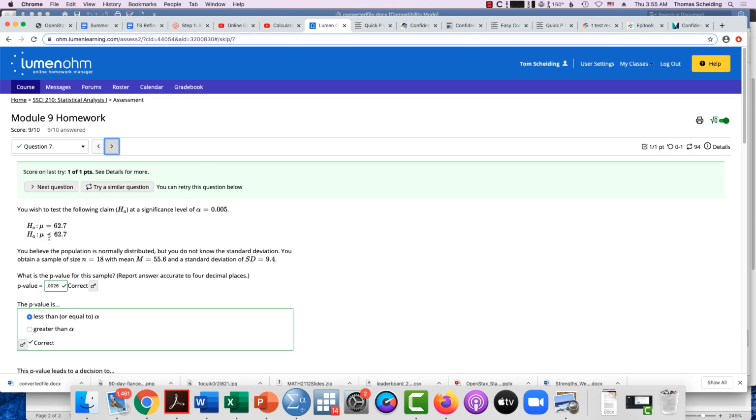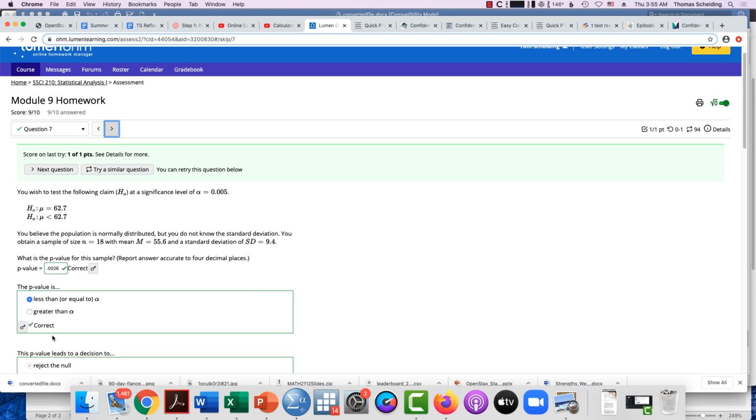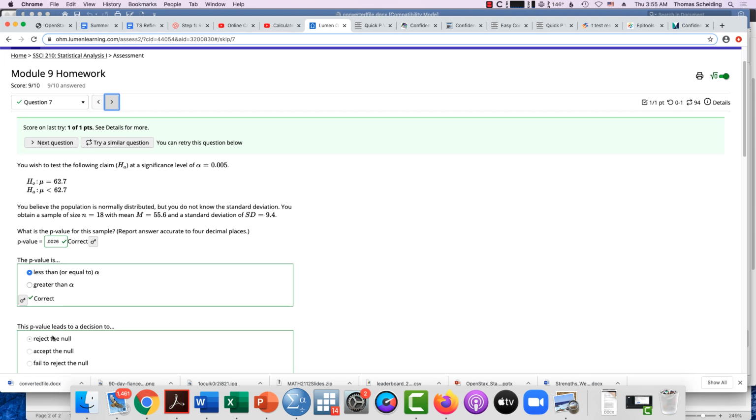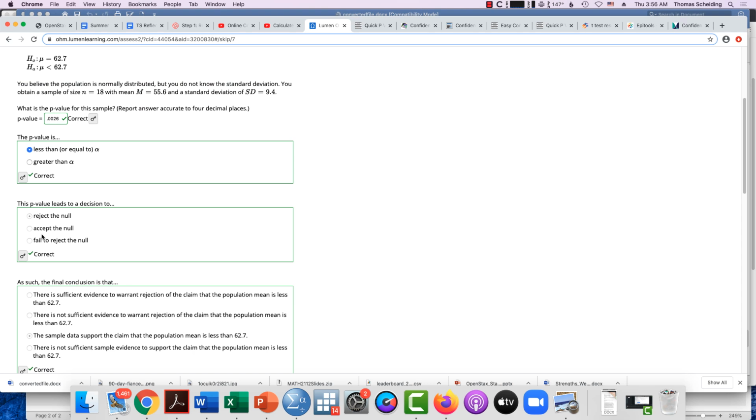I actually only want one tail. So because I only want one tail, I'm actually going to take half of that 0.0052, which is why I put in 0.0026. And I'm only looking at one tail, the left tail, which is why I said less than. And because of that, the p-value, which is less than my significance level, is why I rejected my null hypothesis.